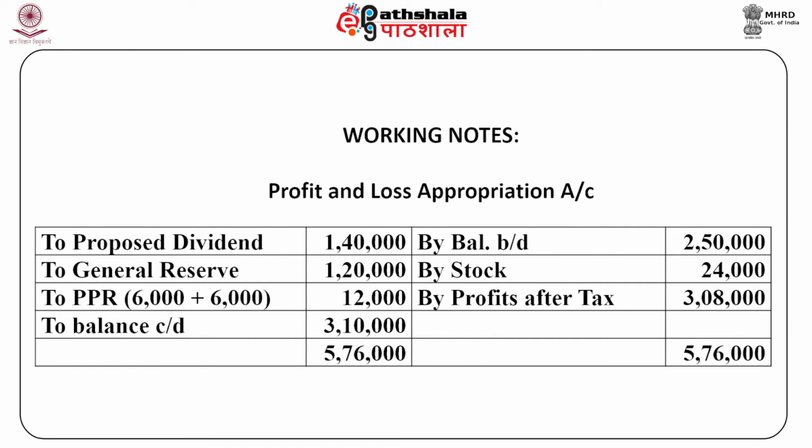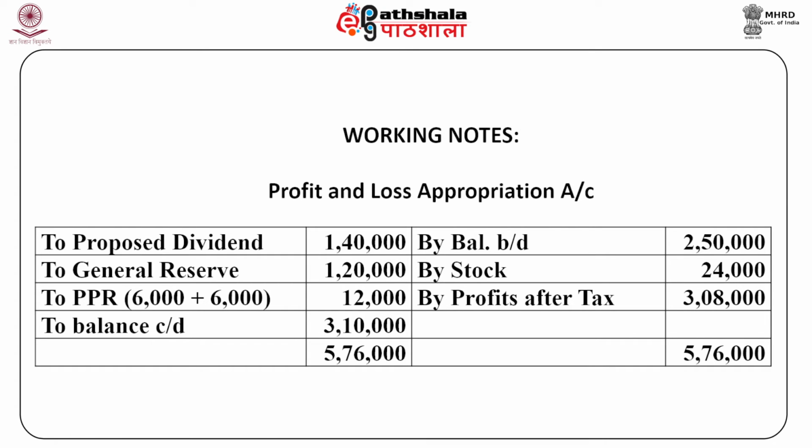Now look at the working notes for this particular cash flow statement. Profit and loss appropriation account. Balance brought down from P&L account, 2,50,000. To this you deduct proposed dividend, 1,40,000. General reserve, 1,20,000.